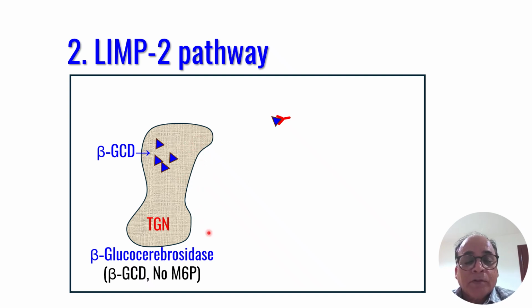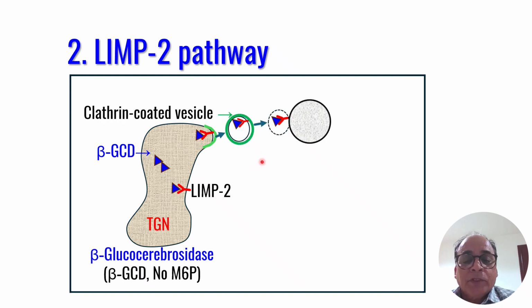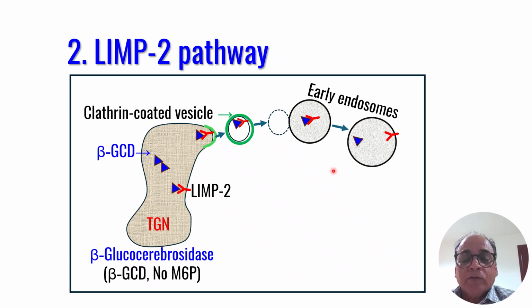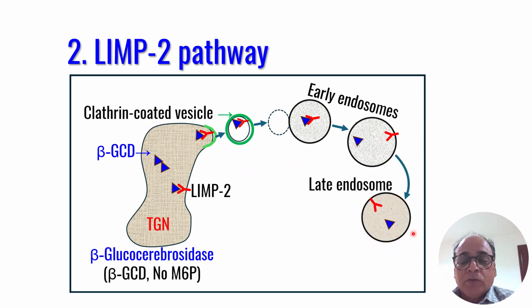There is a receptor called LIMP2 to which this enzyme will bind, and this induces the formation of clathrin coated vesicles which uncoat and fuse with the early endosome. The early endosome has an acidic pH which dissociates the enzyme from the receptor, and this matures into late endosome which finally delivers the protein into the lysosome.